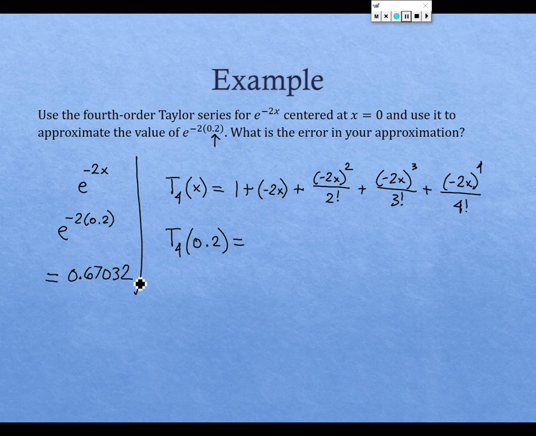And over here, what do you want to do? Do you want to just type it in with a 0.2 everywhere for x, or do you want to plug it into y1? You can do whatever you like. I might plug it into y1. If you want to simplify, you can, but you don't need to.